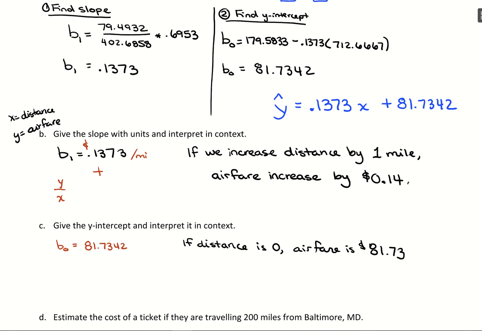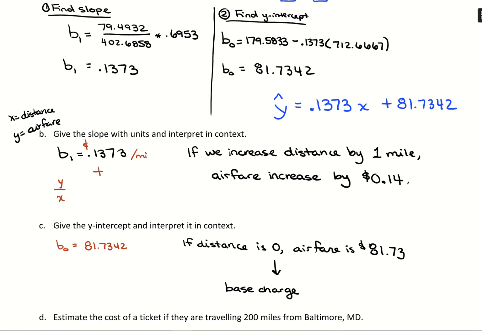Now, in that form of interpretation, it doesn't make that much sense, because if we're not traveling anywhere, we wouldn't have an airfare. But what you could think of this as, how it could be interpreted, is this kind of base charge. No matter what, you're going to have this $81.73 charge, and then from there it increases based on distance. So it could be seen as that way.